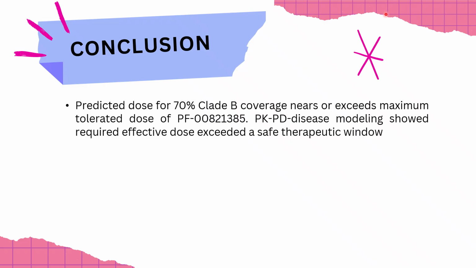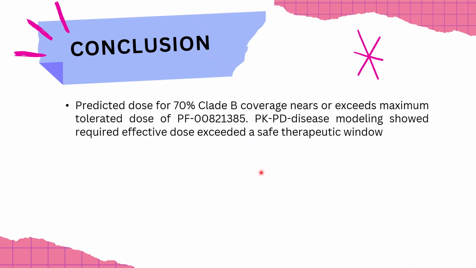Now, in conclusion, the dose predicted to effectively target 70% of virus isolates was found to be close to or above the maximum tolerated dose of the compound, which presented a significant safety concern. So the PK/PD modeling indicated that the effective dose required was too high, rendering the therapeutic window unsafe.